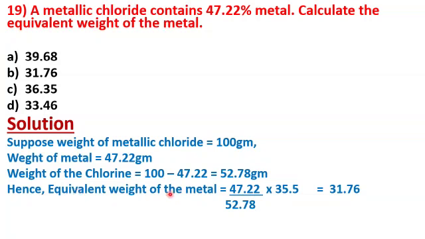Therefore, equivalent weight of the metal can be calculated by using the formula of weight of the metal divided by weight of the chlorine into molar mass of the chlorine. So 47.22 divided by 52.78 into 35.5. So you will get an answer of 31.76. Hence correct option is option B, 31.76.